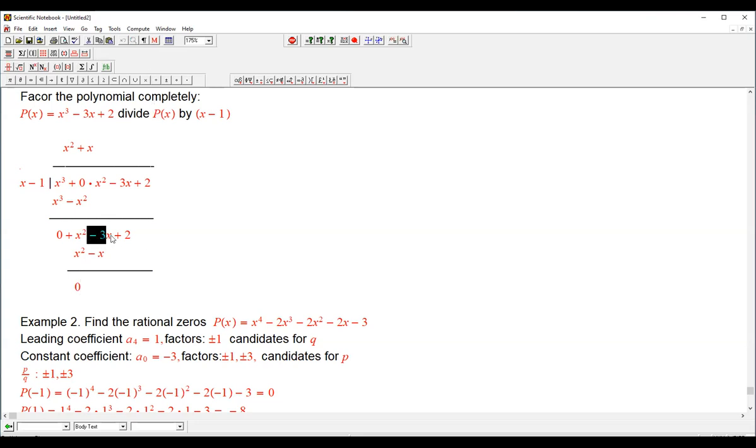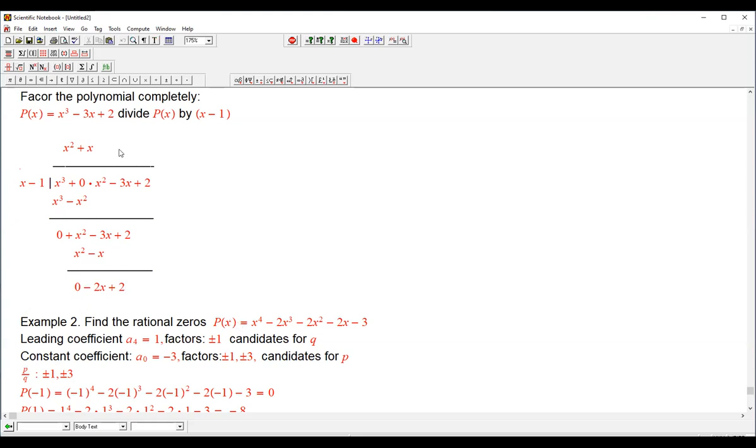Negative 3x minus negative x is going to be minus 2x. And of course, we bring down the 2.